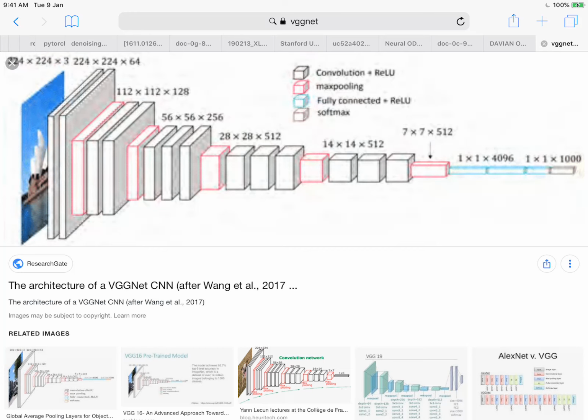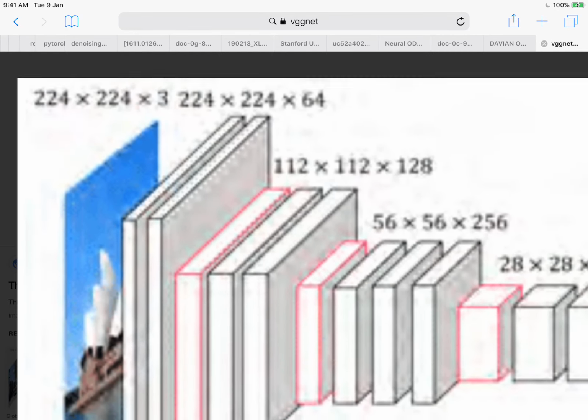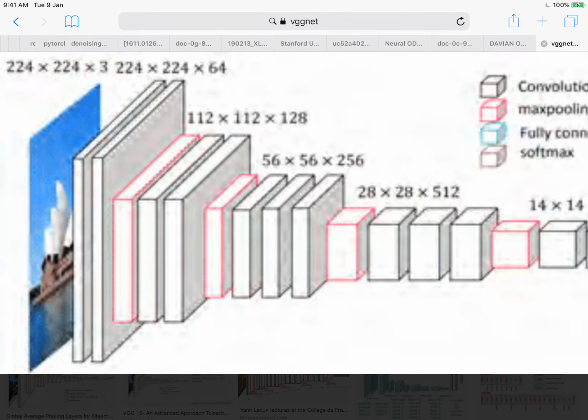This is a kind of side story apart from the core linear algebra, but let me see if we can show it. Although the resolution is a little bit low, this is one example of a deep learning architecture called VGGNet that is quite widely used for image classification. So what is image classification?